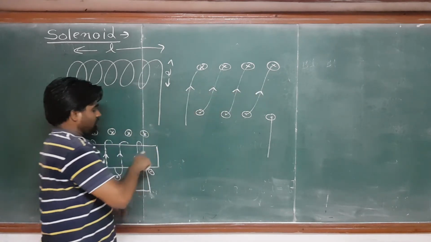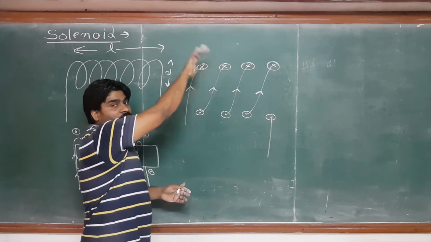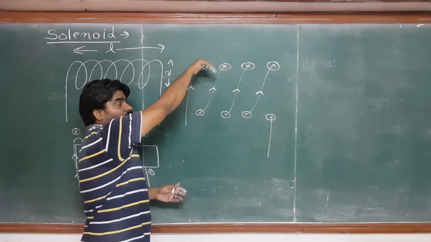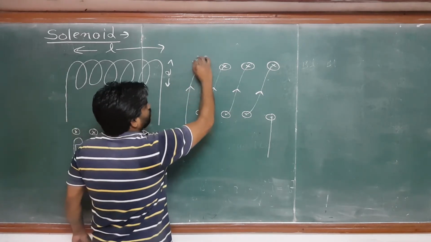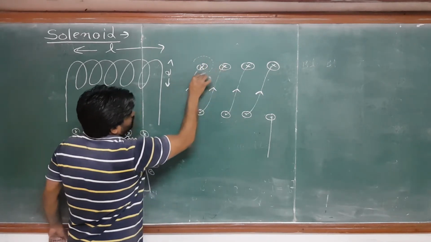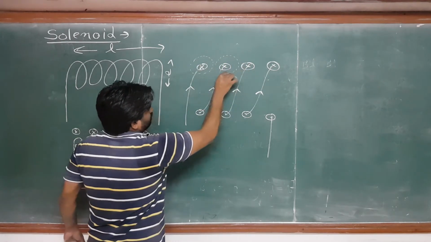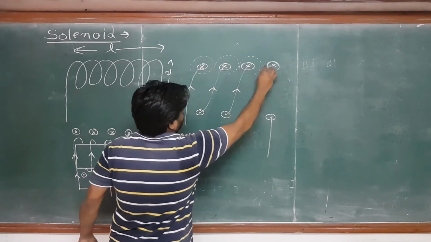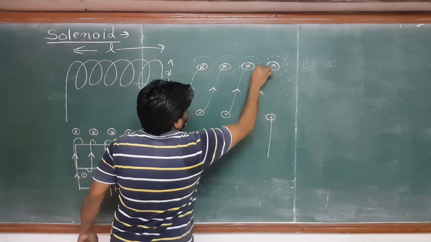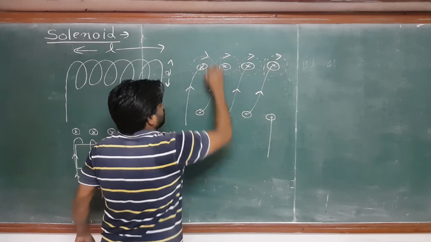So you can imagine this solenoid here. So at this point when it is going inside, the direction of the magnetic field would be in which manner? It would be in the clockwise direction. So you will draw some clockwise circles here. Clockwise circle. Closed. Clockwise circle. Closed. And all have the same direction.